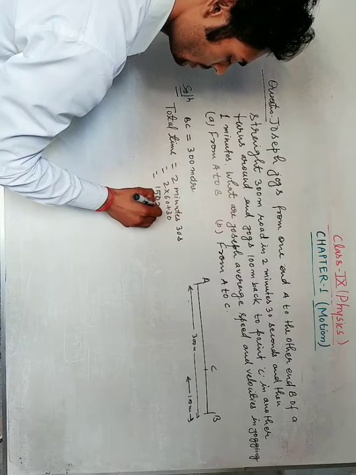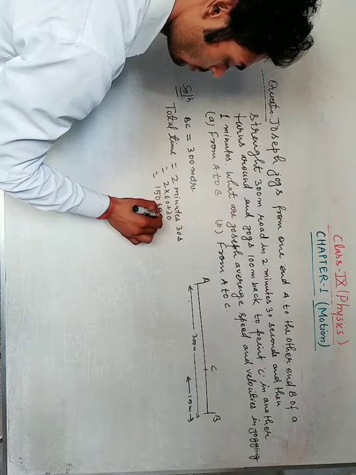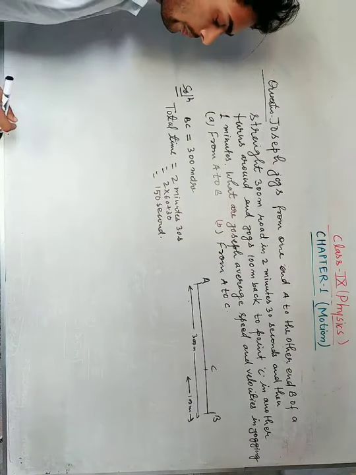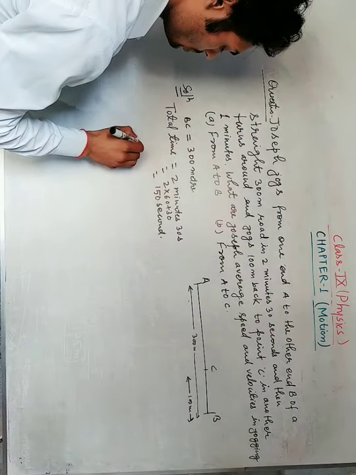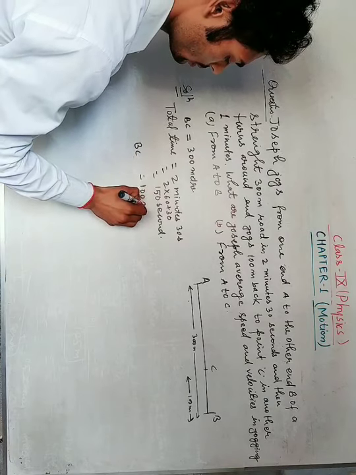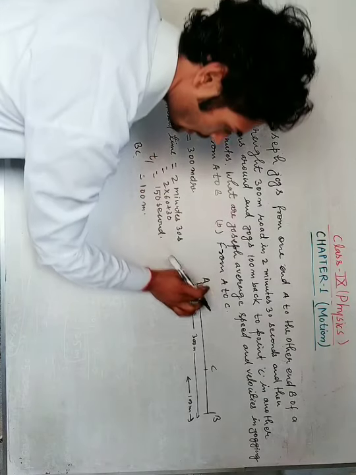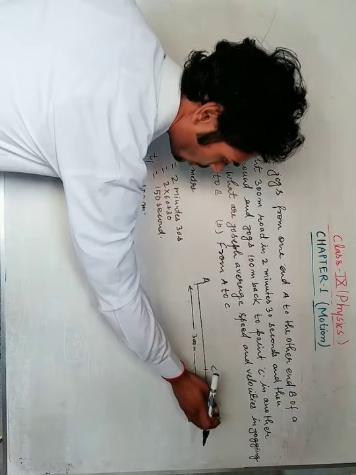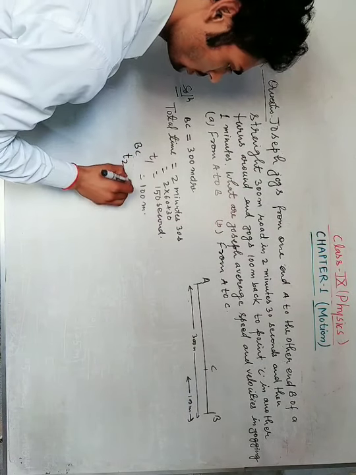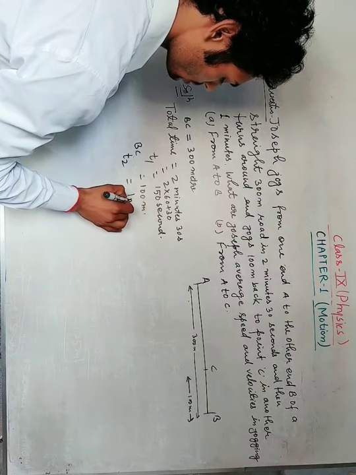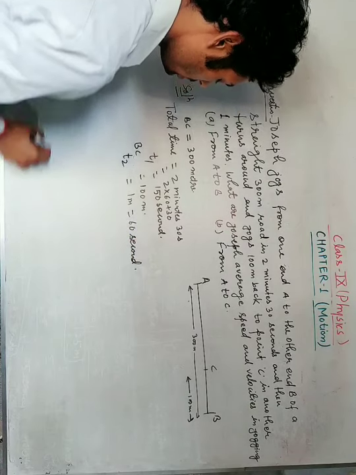It becomes 150 seconds. And from point B to C, BC equal 100 meter, and you can suppose this is time T1 from point A to B, and time T2 from point B to C. Then BC equal 100 meter and time T2 equal 1 minute equal 60 seconds.